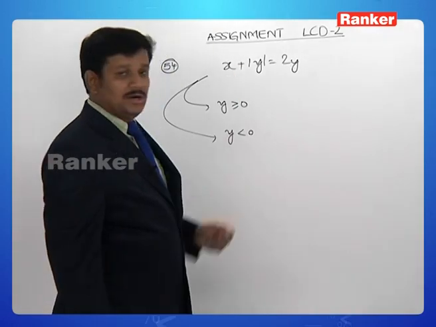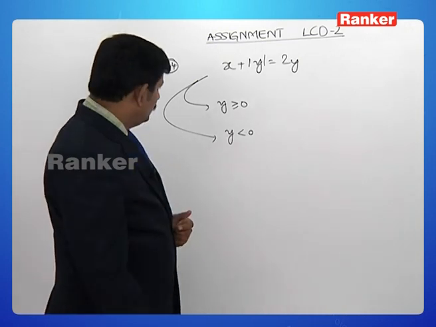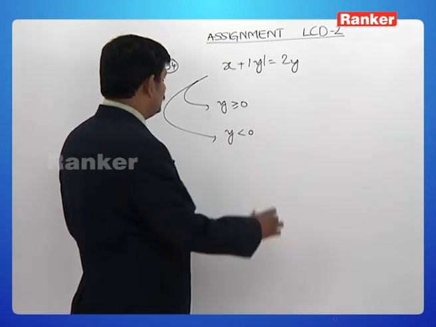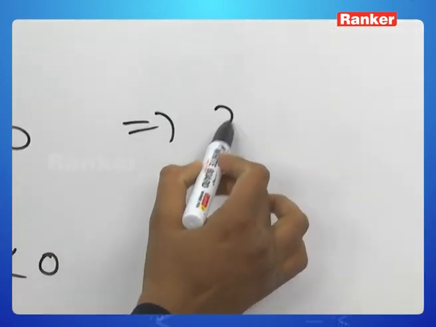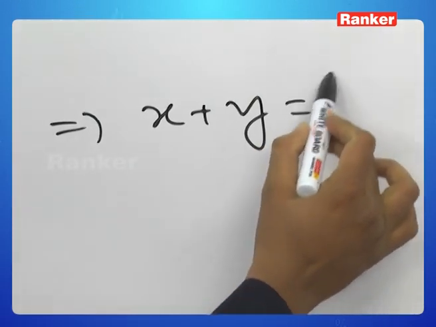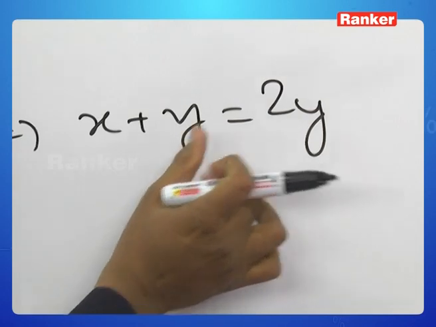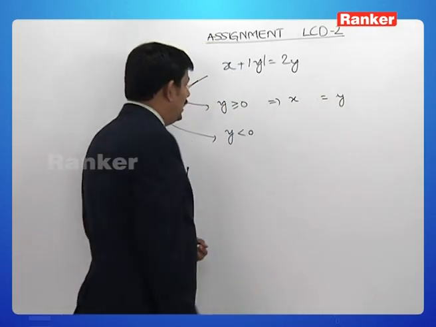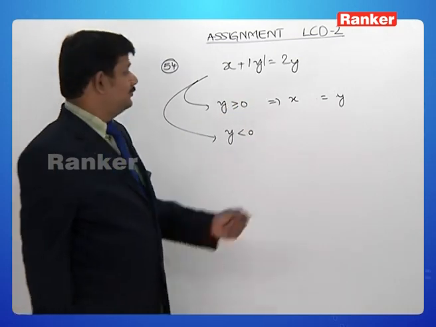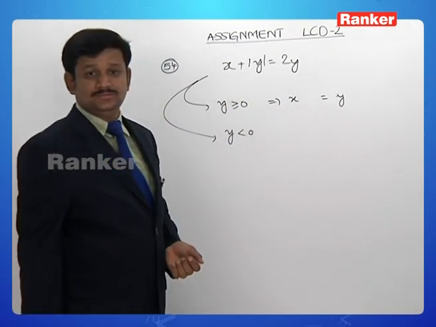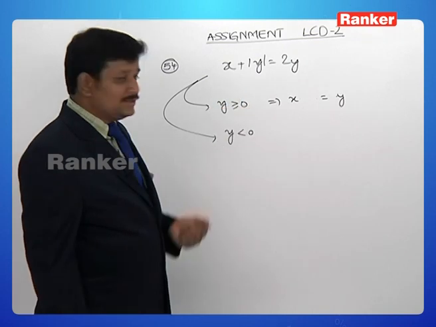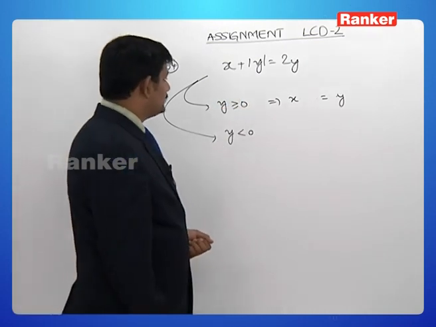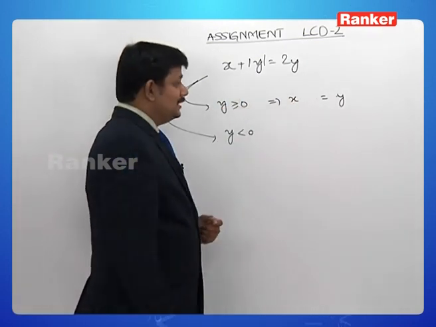If y is greater than or equal to 0, x plus y should be equal to 2y, or y and y gets cancelled, y should be equal to x, and y is positive implies x is positive, y is 0 implies x is 0. So for all x greater than or equal to 0, x is equal to y.